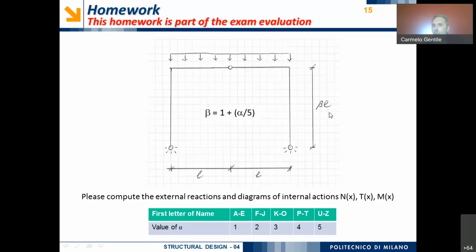The height of the column is beta L, and beta is 1 plus alpha over 5.